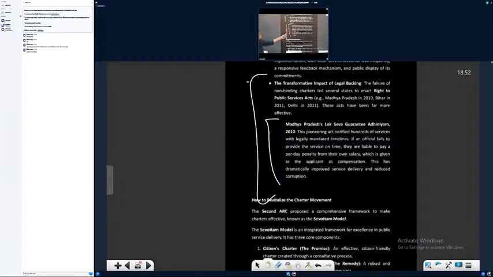If an official fails to provide service on time, they are liable to pay a per-day penalty of, for example, 100 or 200 rupees per case from their own salary, which is given to the applicant as compensation. This shows that if I cause a delay, I pay you money for your delay.